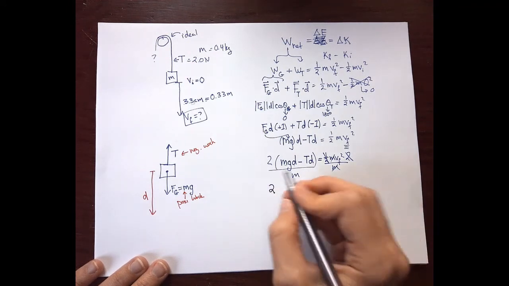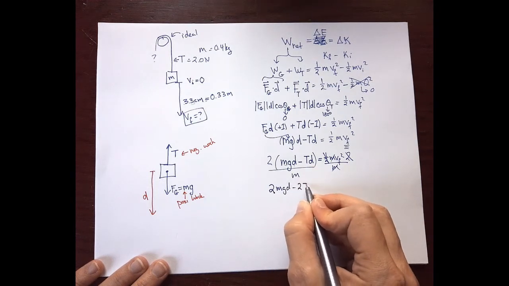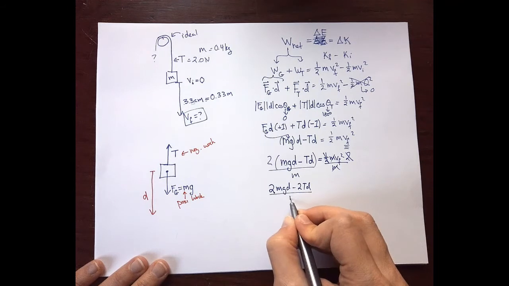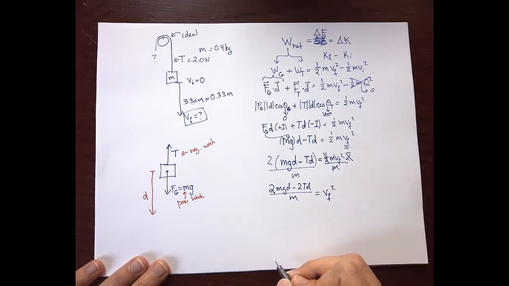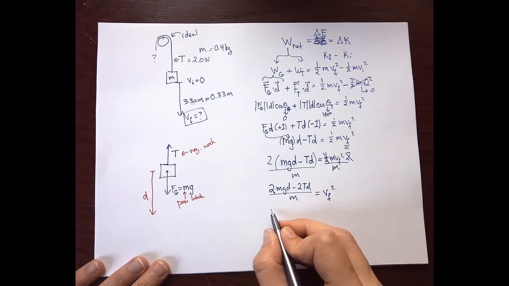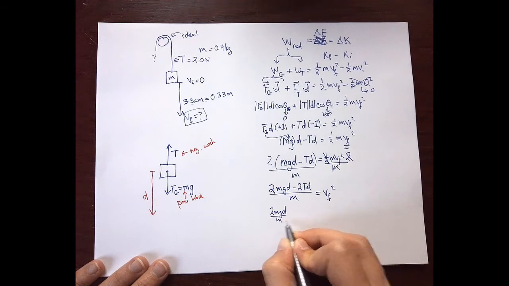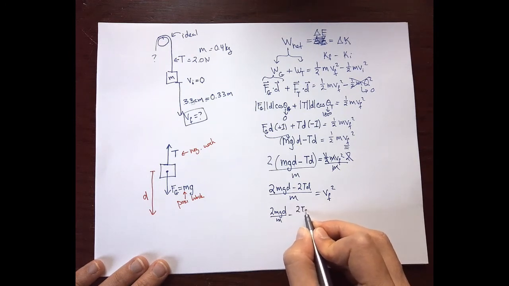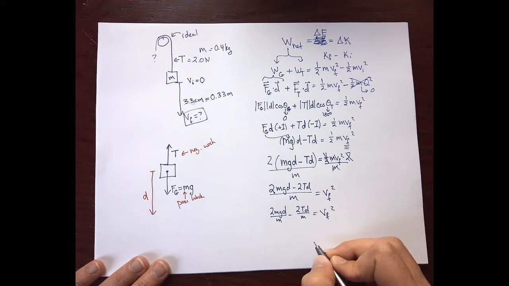So we will have, let's distribute the 2, minus 2 tension all over the mass. That's equal to the final speed squared. And we'll just split this up. So that'll be 2 mgd over m minus 2 tension displacement over m equals the final velocity squared.